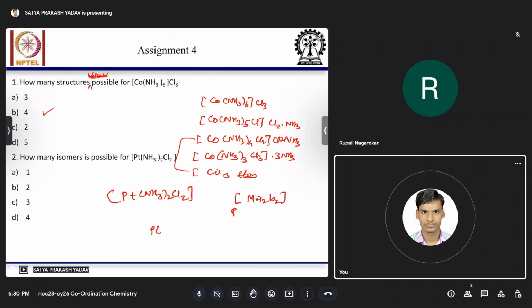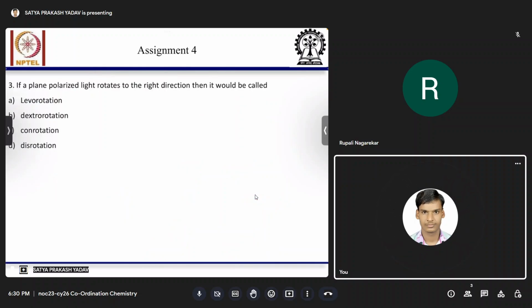Here it will be platinum, NH3, NH3, Cl, that is one. Platinum, NH3, NH3, Cl. So this is cis, this is trans. So there are two isomers possible for this.